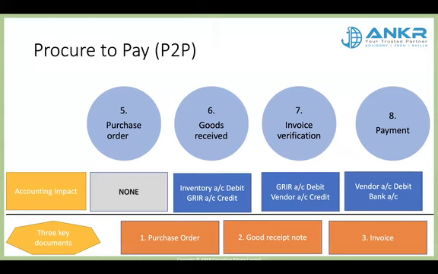So what is this entry? From the GRIR account, which is a parking account, because I had just parked the payable as I had not verified the invoice. Now I have verified the invoice and I am shifting that balance to my vendor account, right? From there, the payment can be made. So the GRIR account, as I said, is just a parking account, so ideally its balance should be zero.